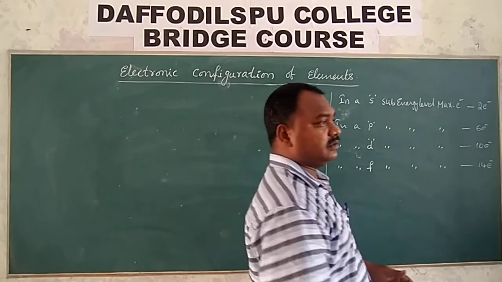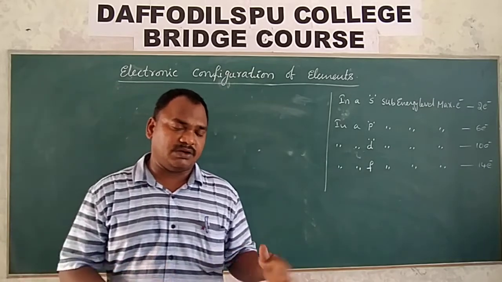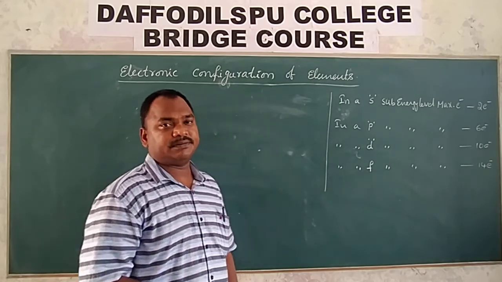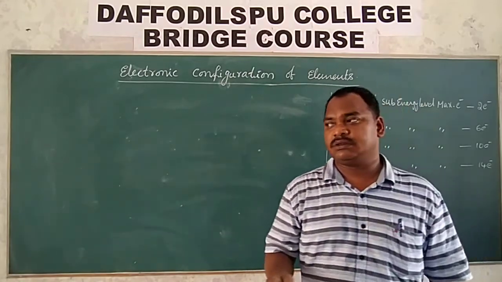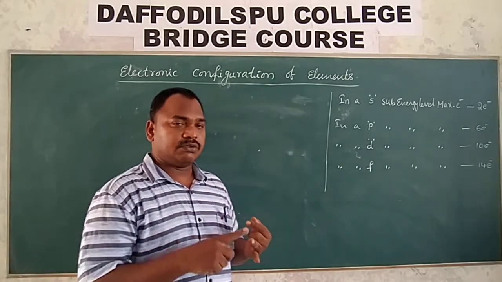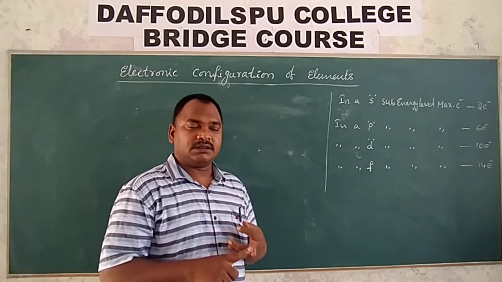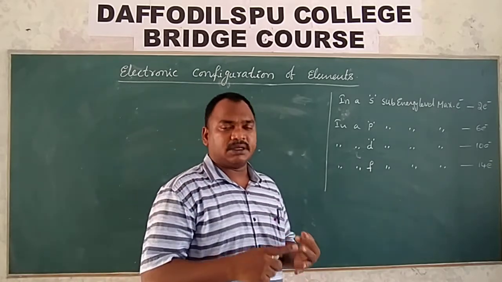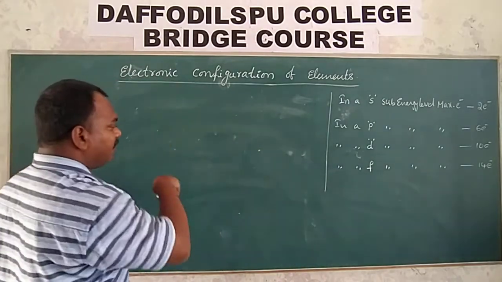And the next point is, while writing the electronic configurations, you have to follow some rules. Those rules are Aufbau principle, Hund's rule, and Pauli's exclusion principle.